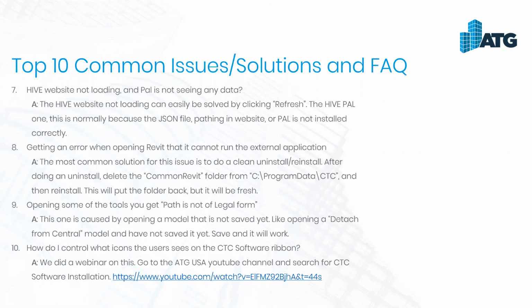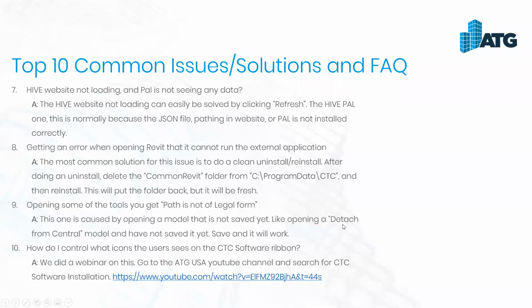One of my favorite support cases of the most common is when you launch one of the tools, you get the error message, "path is not of a legal form." The reason for this error message is because you're trying to use the tool in a file that you have not saved yet.